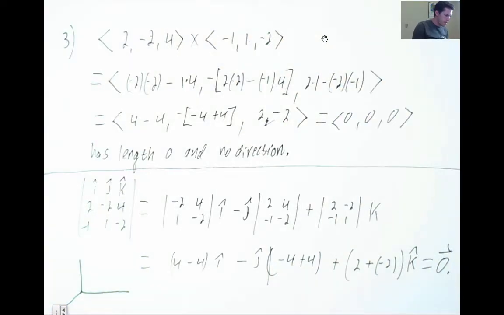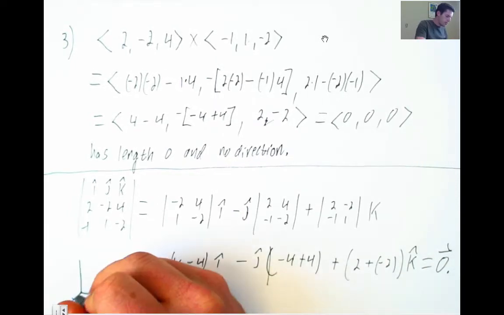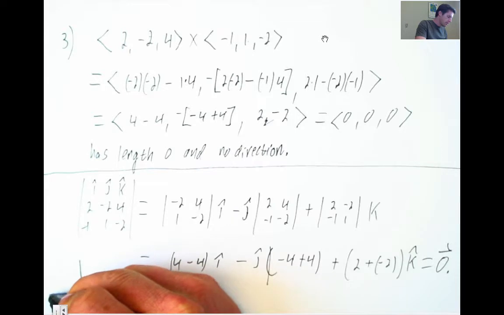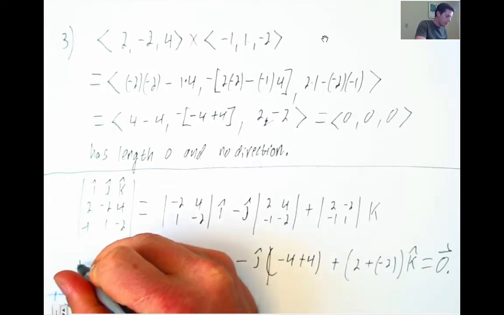Let me try to draw that first guy, 2, negative 2, 4. So I'll come out 2 in this direction, and negative 2 in the second direction, 1, 2, and then up 4, 1, 2, 3, 4.